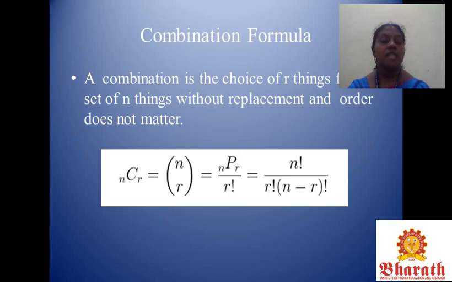Next, the combination formula is nCr equal to nPr divided by r factorial, that is n factorial divided by r factorial into (n minus r) factorial. So the combination is the choice of r things from a set of n things without replacement, and order does not matter.